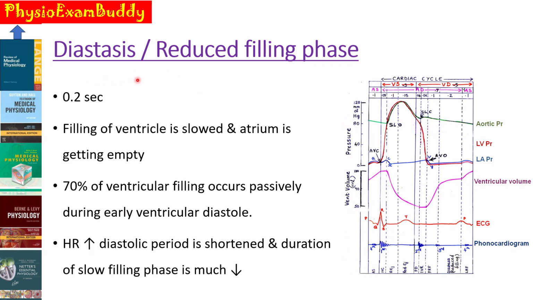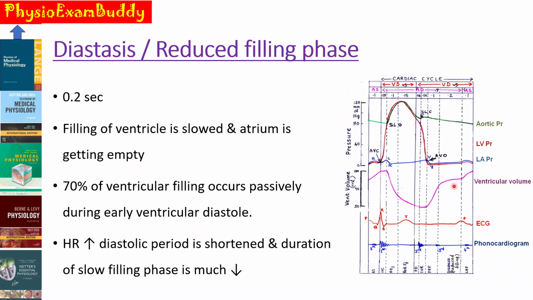Next is about the diastasis or the reduced filling phase, that is the last portion. It lasts for 0.2 second. Here during this phase the ventricular filling is slowed and the atrium is getting empty, because the ventricle is already well filled.